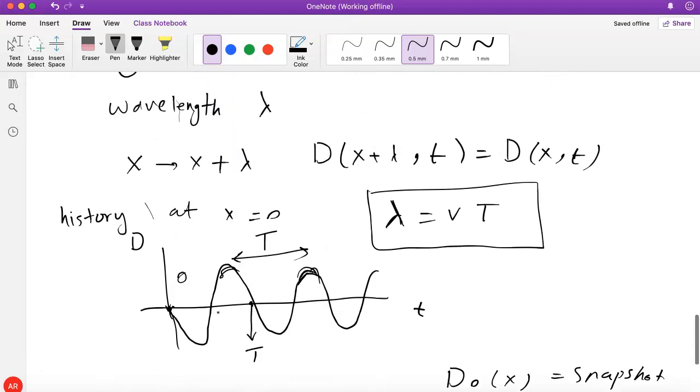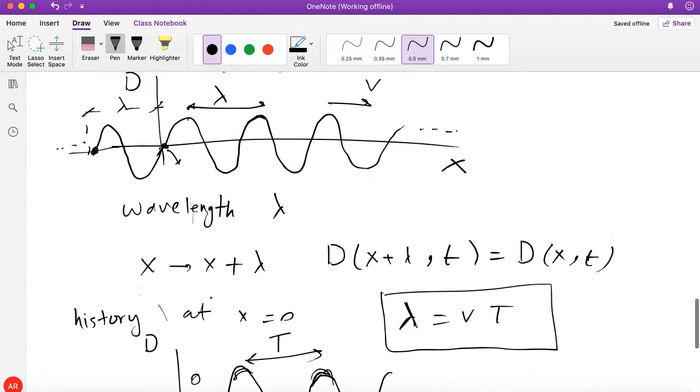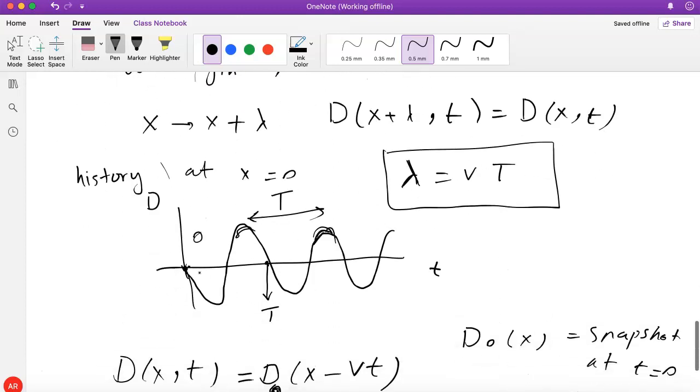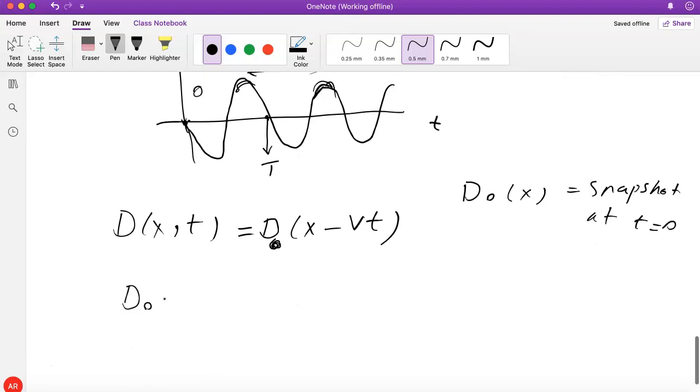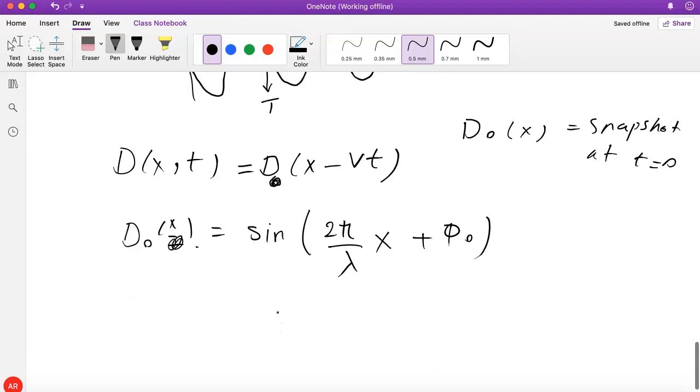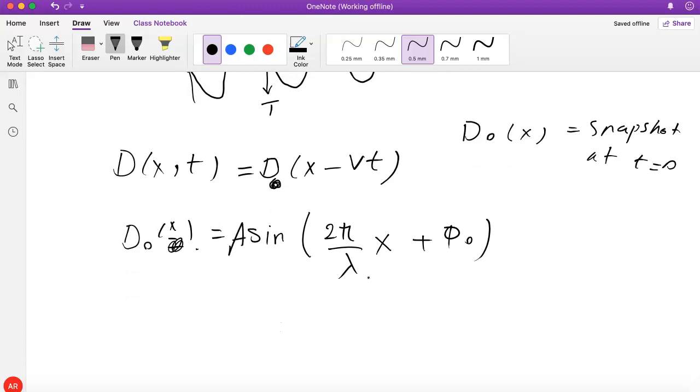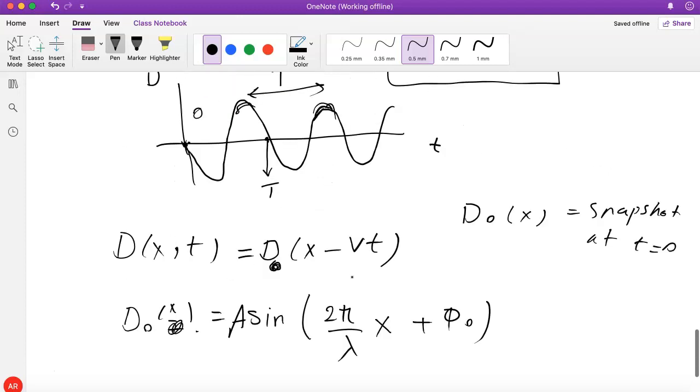So how does that snapshot look? Let's write it as a sine function: d naught of x equals the amplitude times sine of 2 pi over lambda times x plus some initial phase, phi naught.